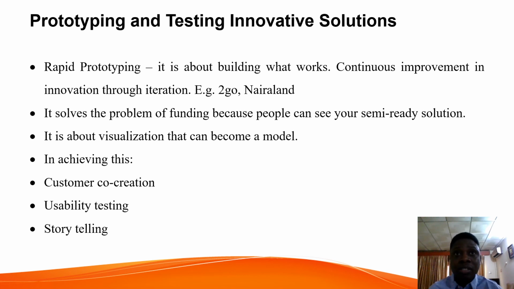It makes your solution visible to the wider clientele, to the society. So it's about visualization that becomes a model. To achieve this, there's what we call customer co-creation, community co-creation. Community members must be part and parcel of the solution. When you co-create, then they are going to use it.